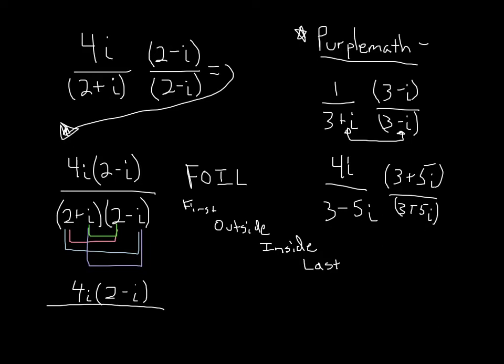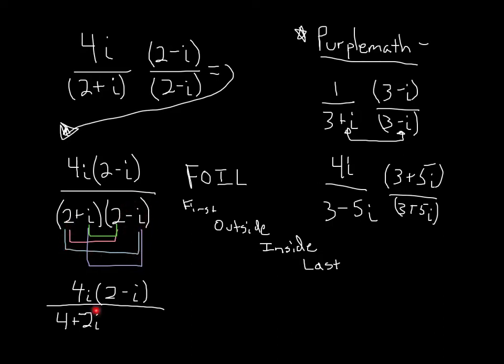The first two numbers. First is going to be 2 times 2. That's going to give me 4. Then we're going to have the outside numbers, 2 times i. That's going to give me plus a negative 2i, sorry. That negative comes from the 2 times the negative i.